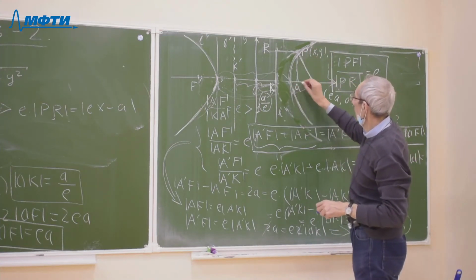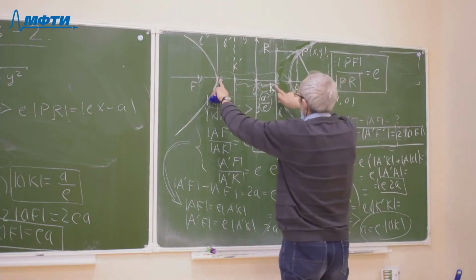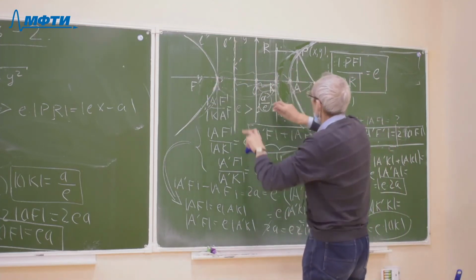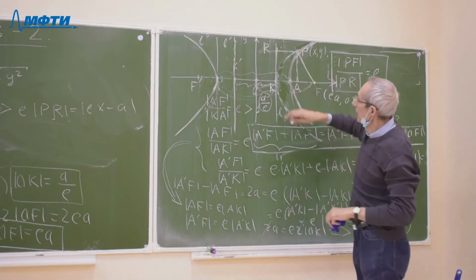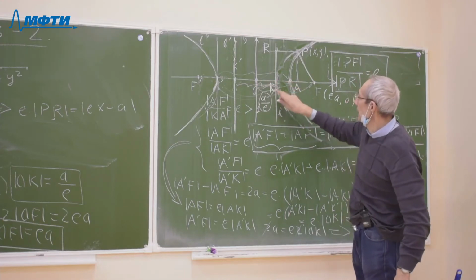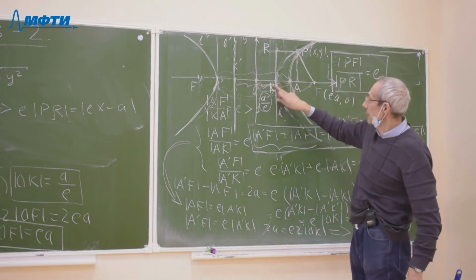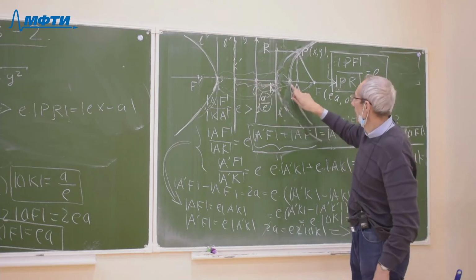Okay, OA, this one A. Symmetric A is the directrix, and this A. This distance A, this distance the ratio AE, and this distance the ratio AE.